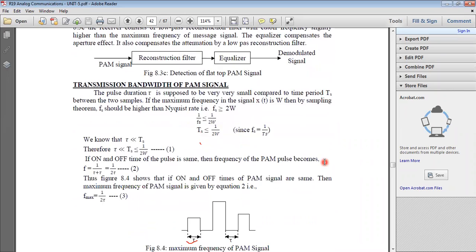Transmission bandwidth for PAM signal. So observe carefully.